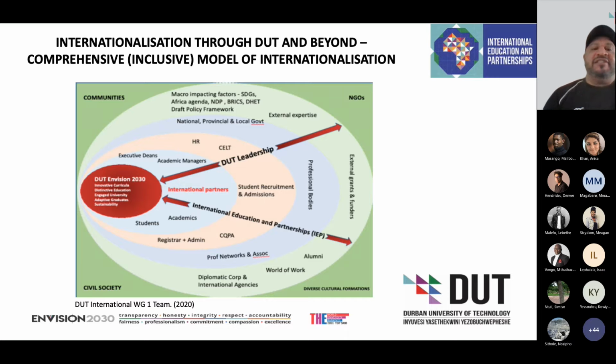So our internationalization is embedded in engagement with what we call the quad helix, working with university, with different levels of government, working with civil society, and working with the business world. And you can see how that model is actually held together by these types of engagement. Next slide.